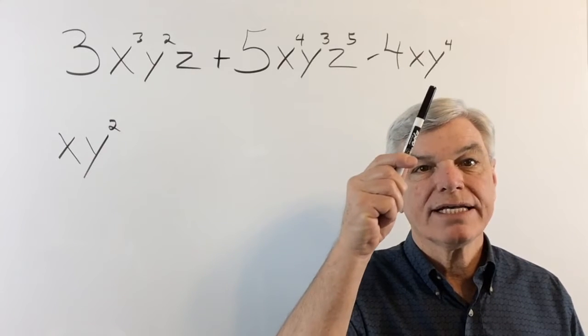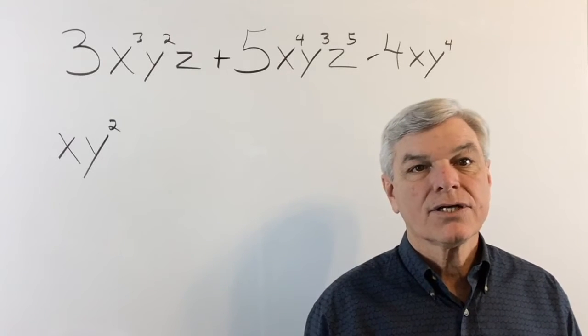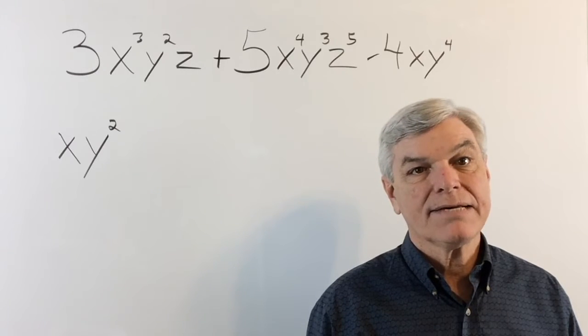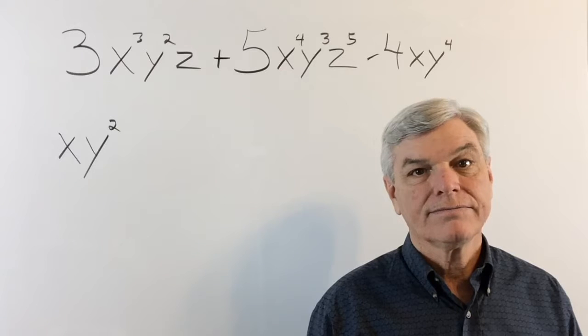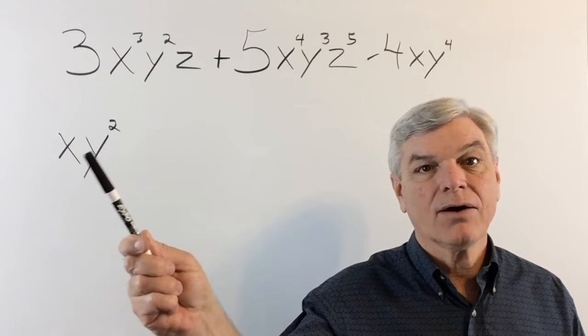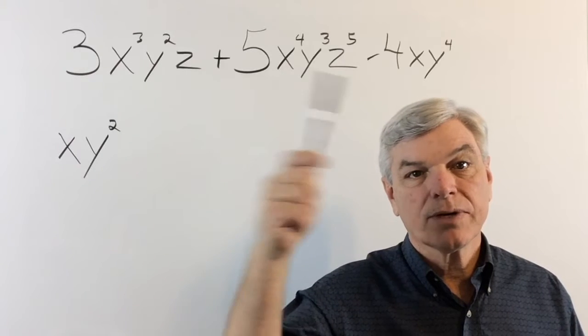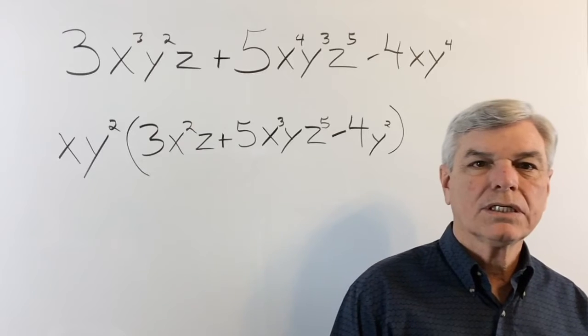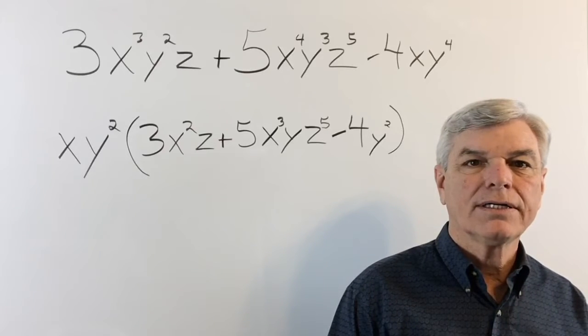We do not have a z right here, so we are not going to be able to factor out a z because z is not common to all 3. So since we factored this out, let's put the rest of this down here. And that's what that will look like once you pulled that all apart.